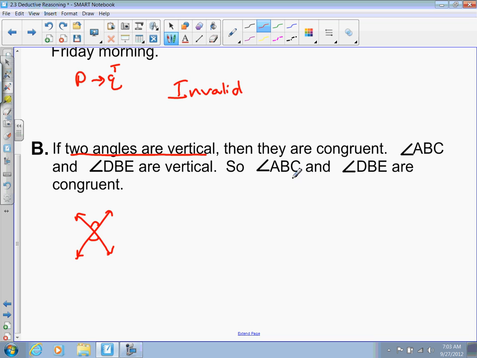It sure does. So then angle ABC and angle DBE are congruent, that is what you can conclude. So this is a true statement. The first part was true, that means, yes, the second part was true. So this is a valid statement. And is that the law of detachment or syllogism? That's the law of detachment.